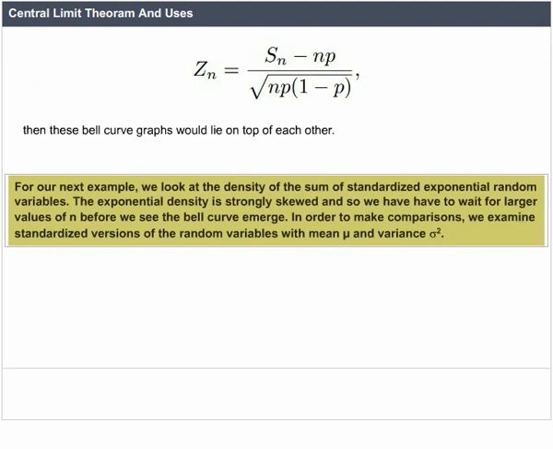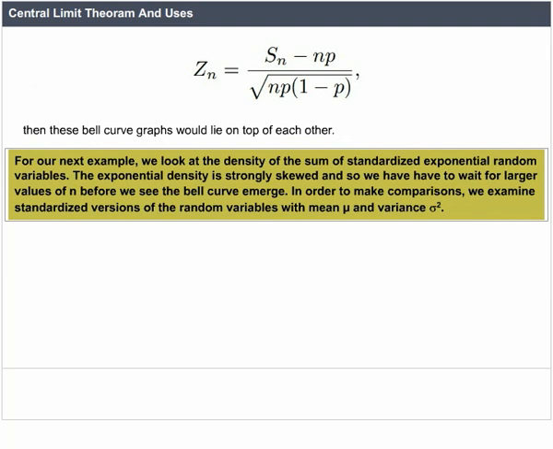For our next example, we look at the density of the sum of standardized exponential random variables. The exponential density is strongly skewed, and so we have to wait for larger values of n before we see the bell curve emerge. In order to make comparisons, we examine standardized versions of the random variables with mean mu and variance sigma squared.